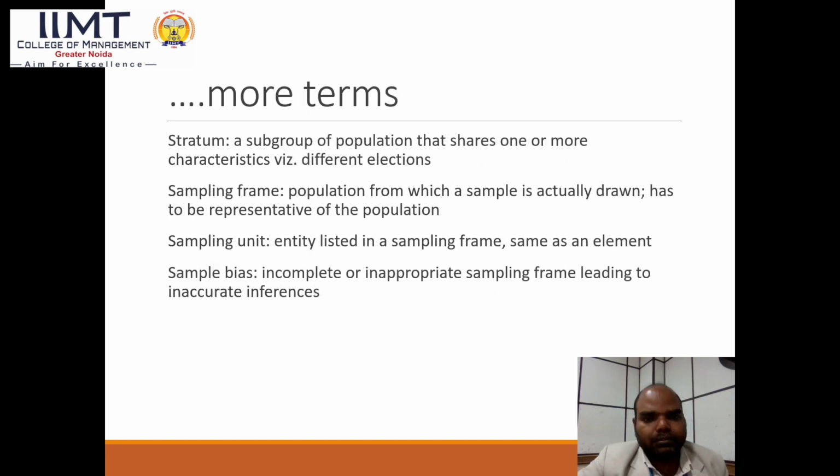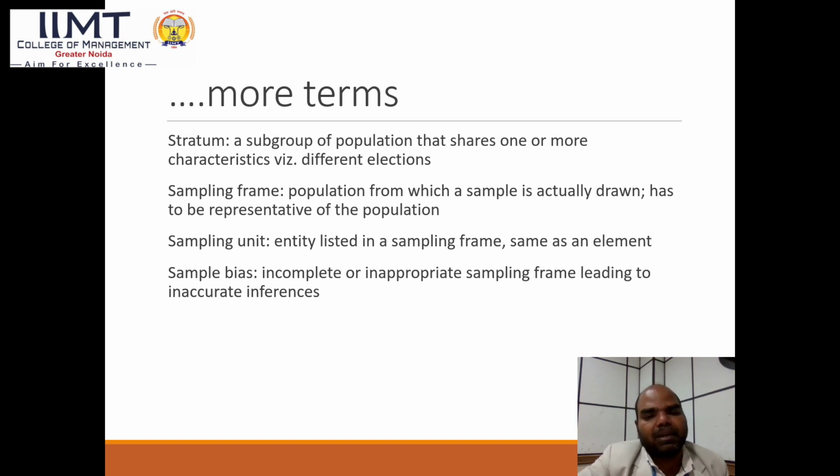Here are some important terms related to sampling. Stratum: a subgroup of the population that shares one or more characteristics, like different elections. Sampling frame: the population from which a sample is actually drawn, which is to be representative of the population.